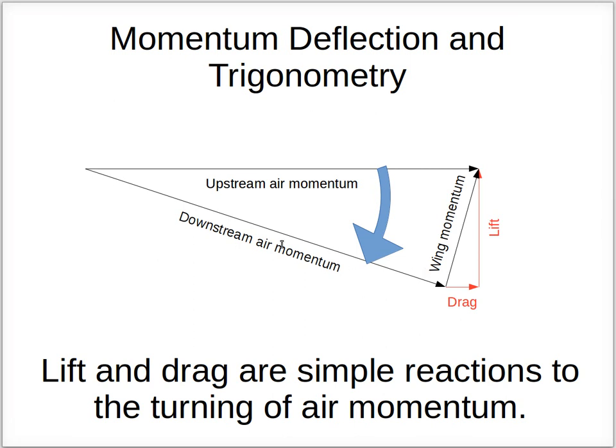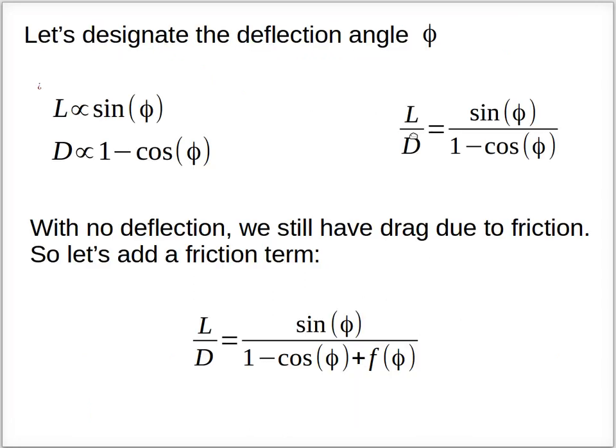The downstream air momentum is the hypotenuse in this case, and so we have lift being the sine of phi and drag being 1 minus cosine phi, which is the difference between the horizontal part of the downstream and the upstream. So here are our equations that we have so far.